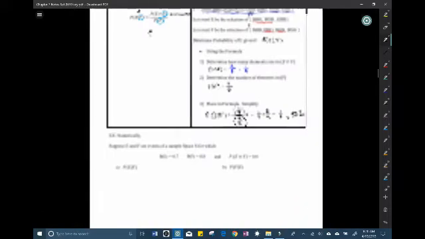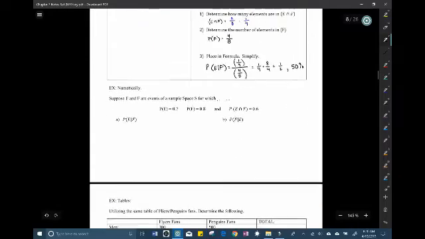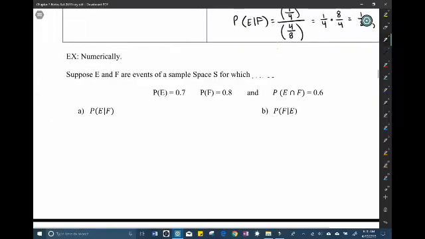Looking at it in terms of these, it might be helpful. Suppose E and F are events of a sample space S, for which the probability of E is 0.7, the probability of F is 0.8, and I give you the probability of the intersection. For E given F, just remember, this means that you have the intersection of both up top, and then you have the F down below.